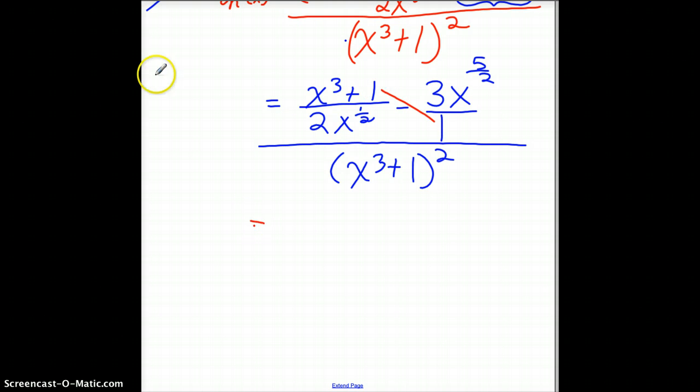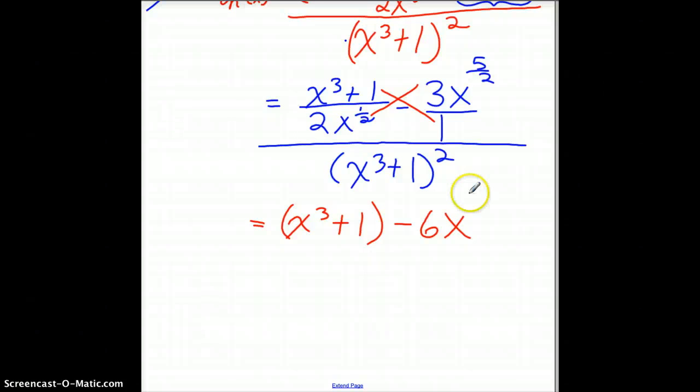So I'll just say it's x cubed plus 1 on my first cross minus 6x to the, when you multiply you add exponents, so it'd be x to the 5/2 plus 1/2, creating x to the 6/2, which would be x to the 3rd. There's the top, and then that's my crisscross. That's all over 2x to the 1/2.